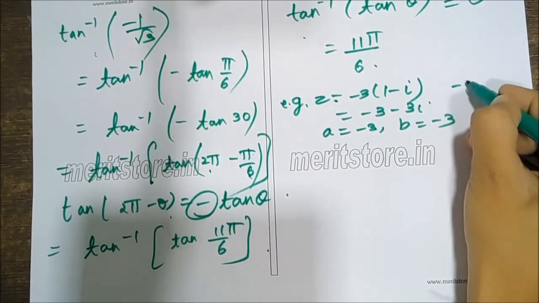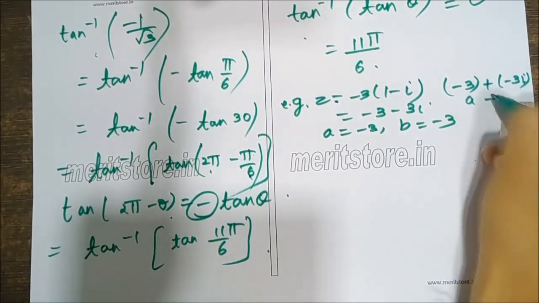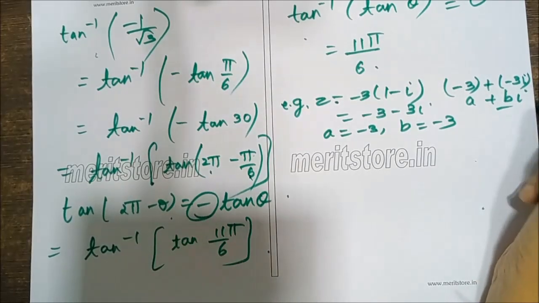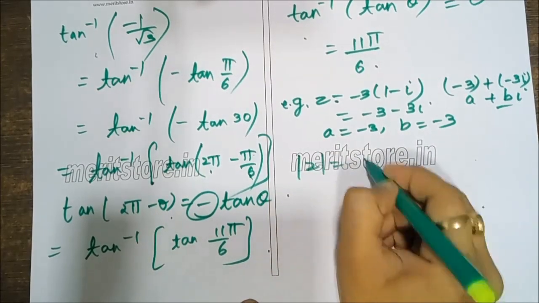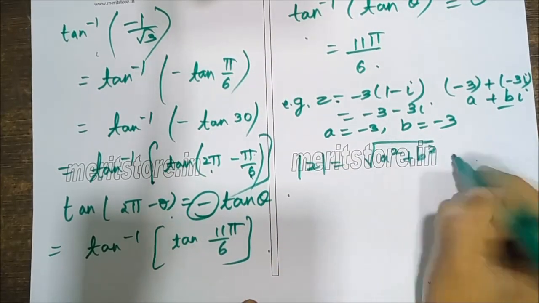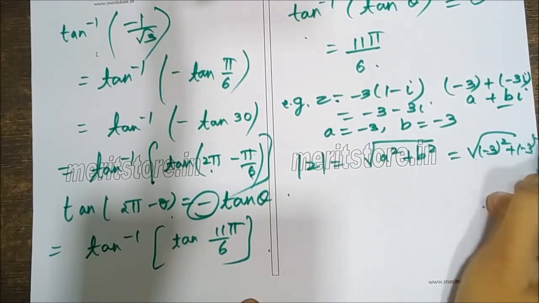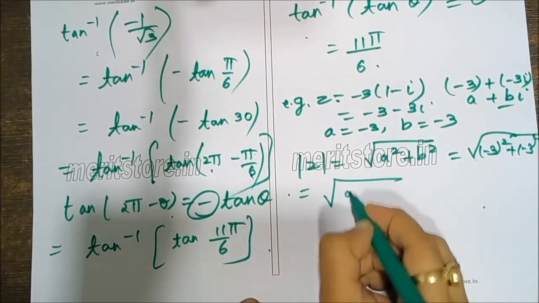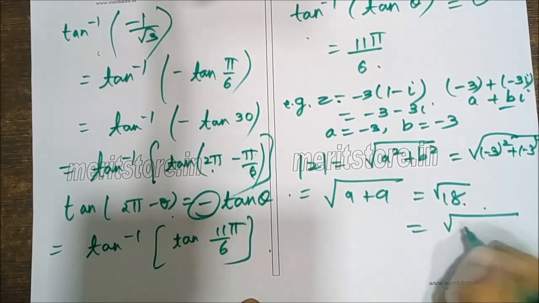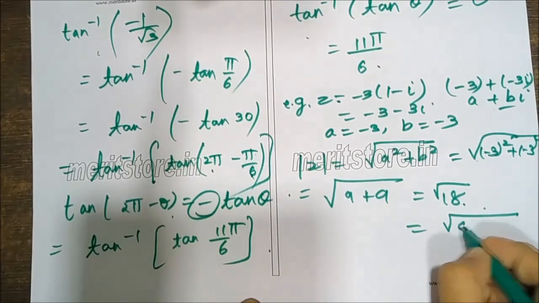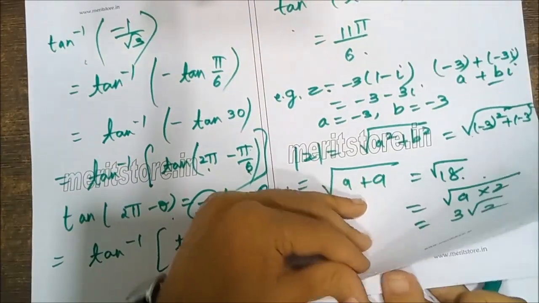Because you are writing this in the form of minus 3 plus minus 3i, in the form of a plus bi. So your values are clearly indicated. You can write that step. But when it goes in modulus, we are writing it square. So minus 3 the whole square plus minus 3 the whole square, root 18, that is nothing but 9 into 2, that is 3 root 2, that is your modulus.